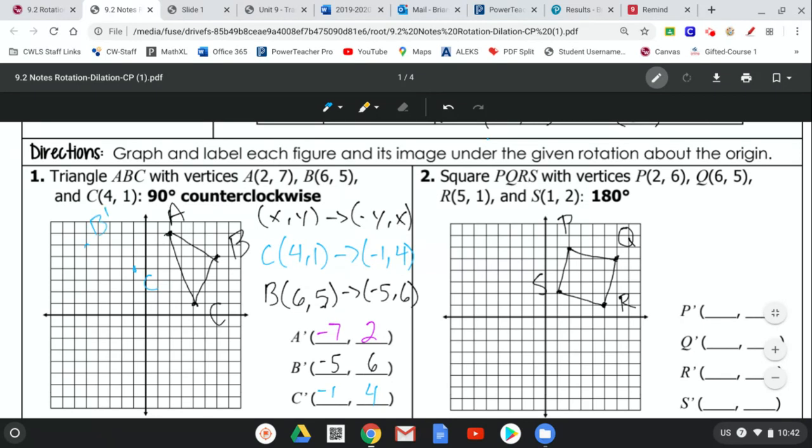And then the last one is A prime, which is at negative 7, 2. That is going to be A prime. All right. So that is going to be the coordinates. And if you look, it looks like it got rotated 90 degrees counterclockwise to the left. Okay. So that is going to be the rotation.